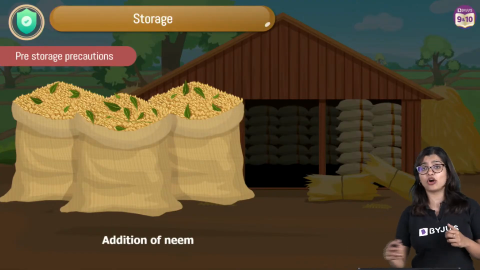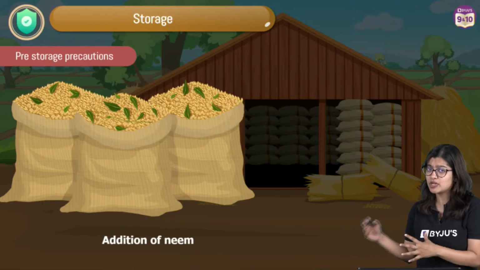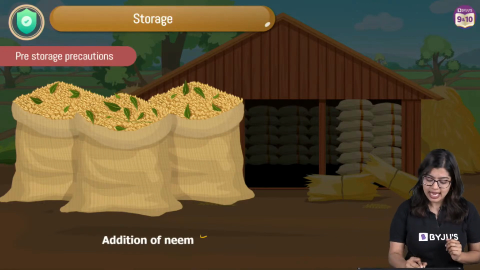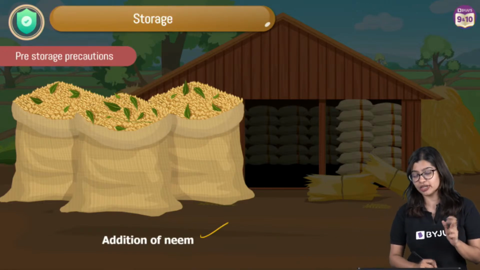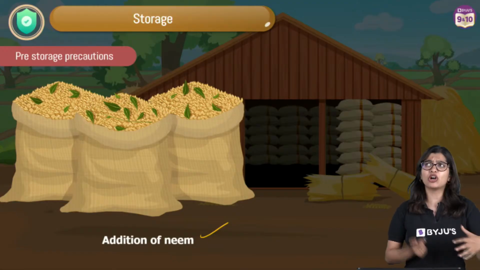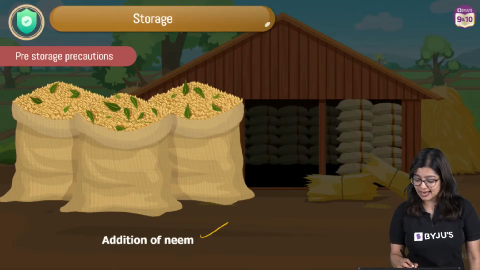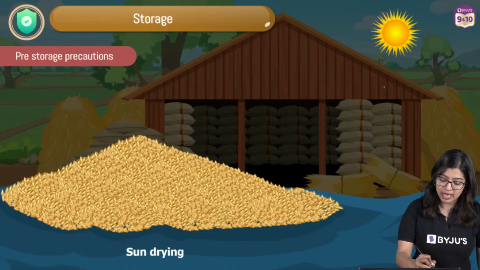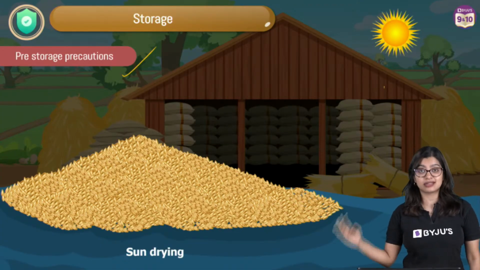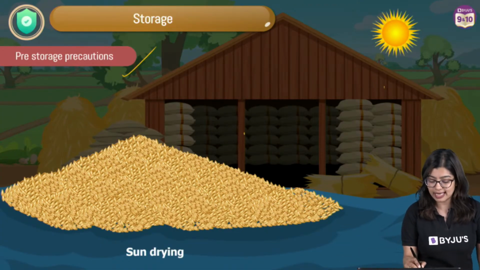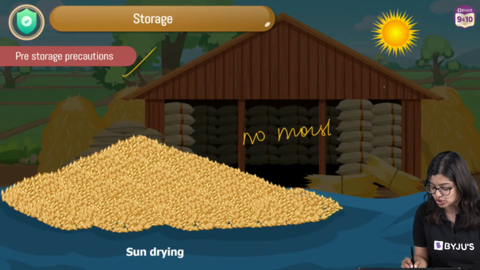Now we saw that in order to get rid of pests, microbes, especially for pests and insects, addition of neem was a good step to take, because neem had a characteristic smell that kind of warded them off. And sun drying as well, right? Making sure that all grains are sun dried before storage such that there is no moisture present.